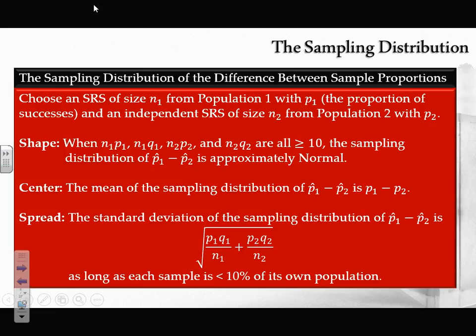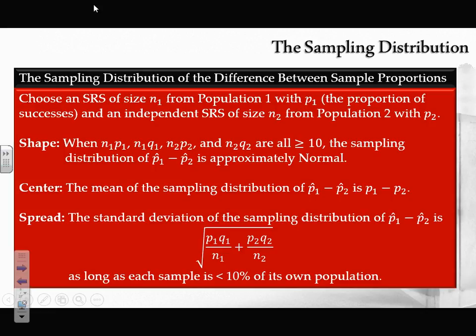And then the spread, when we want to calculate the standard deviation, the standard deviations individually do not add together. So it's not the square root of PQ over N plus the square root of PQ over N. That doesn't work. We need the variances to add, and then we can take the square root for standard deviation.